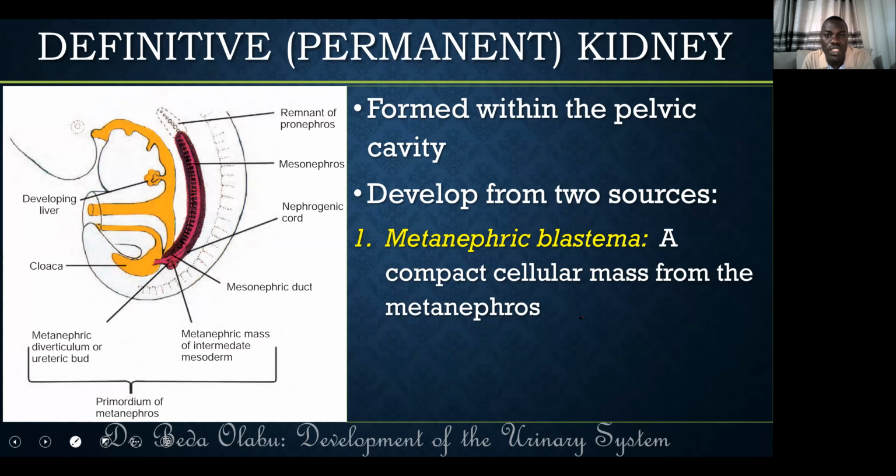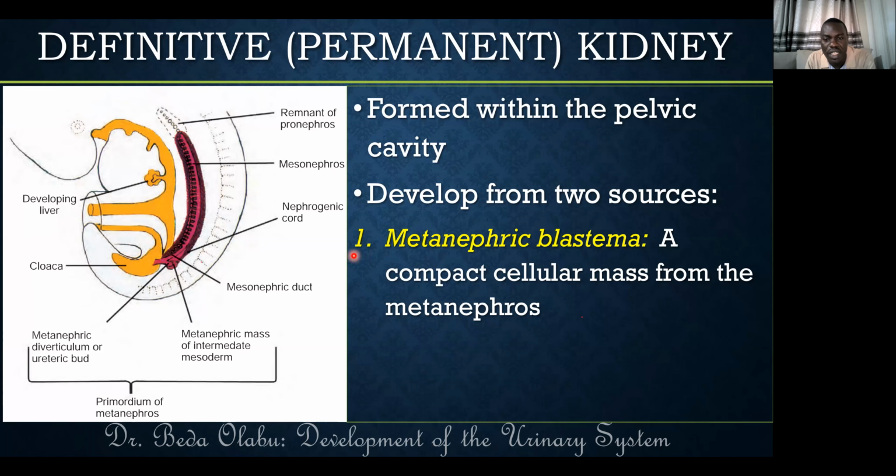Yesterday, we agreed on that term, urine-forming structures, or otherwise known as the secretory units of the kidney. And that basically refers to the nephrons. The metanephric blastema differentiates into the nephrons. We have about 2 million nephrons in each kidney. But it forms as a compact mass within the pelvis.